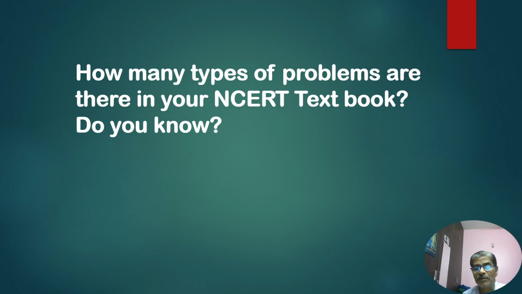Read these lines. There are 7 types of problems in exercise 1.1 and 3 types of problems in exercise 1.2 of your NCERT textbook. You cannot solve all of them with the same method because each one of them is different.